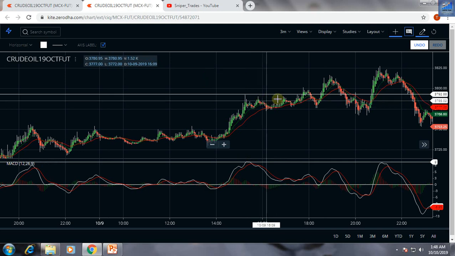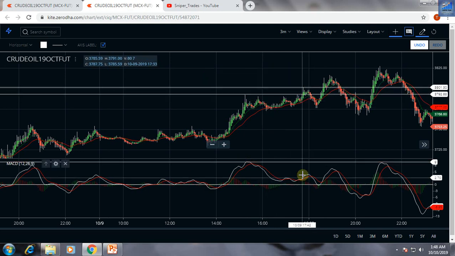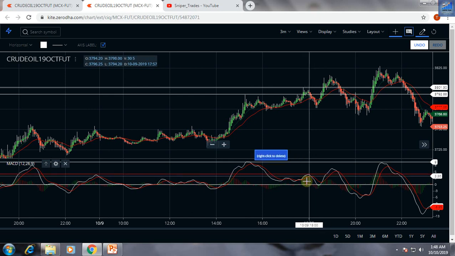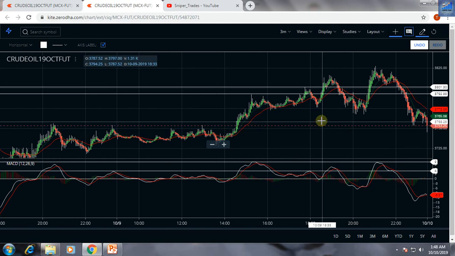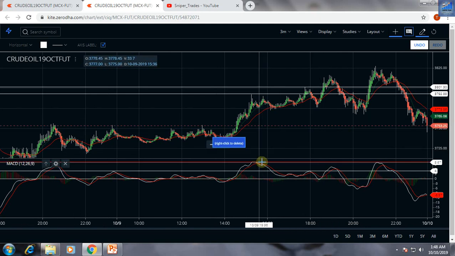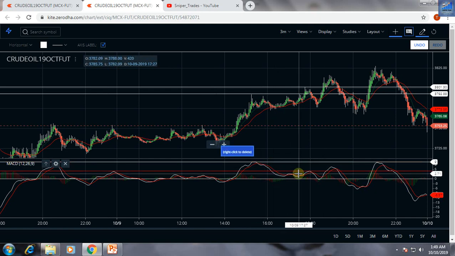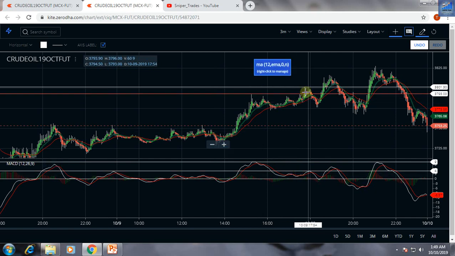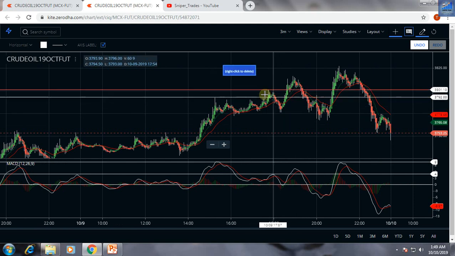And as we can see, the price has made a new high at this particular point. But the MACD line has not made a new high, rather it formed a lower high here. It means that as the price is making a new high and moving higher and higher, the MACD line is making a lower high, which means that the momentum is less and the trend is weakening, which means that this particular high is not a good idea for a further long position.